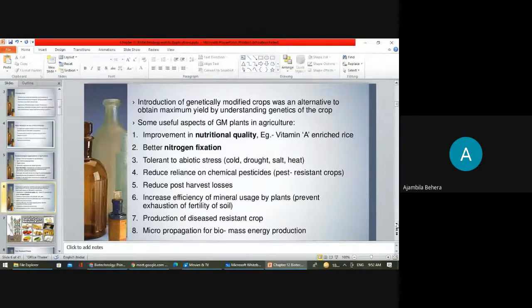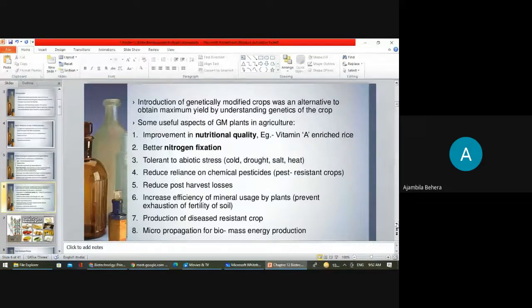And that can be responsible for the production of biofortified food that will be enriched with vitamin A or other minerals like iron. So we can fortify that food with the desired minerals and desired vitamins.